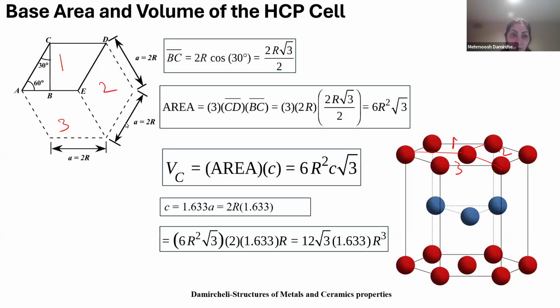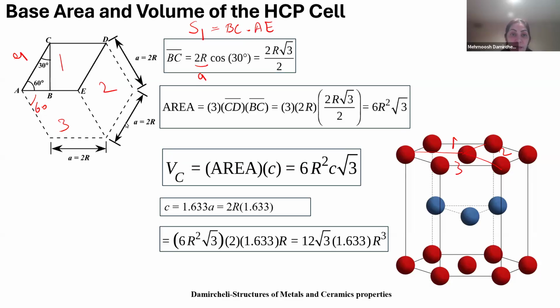For the area of part 1, S1, we need BC times AE, okay? AC is A, this angle is 60, this angle is 60, total 120. In this triangle, BC is A times cosine 30, and A is 2R, so it should be 2R cosine 30, or root 3 over 2.